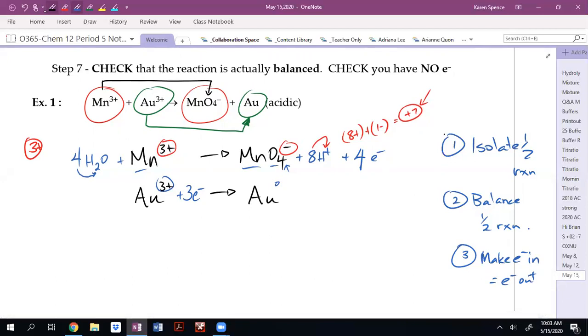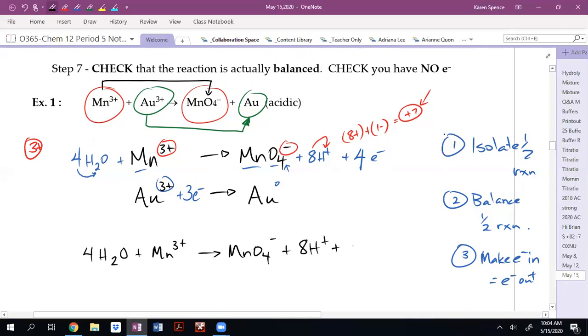Okay, so let's rewrite this. So we have 4H2O plus Mn3+ goes to MnO4- plus 8H+ plus 4 electrons. All right, and then we have Au3+ plus 3 electrons goes to Au.